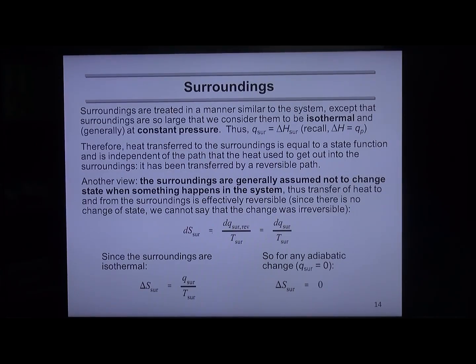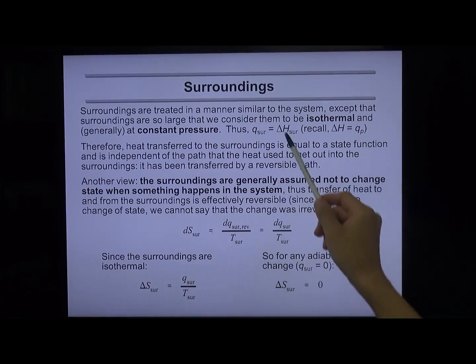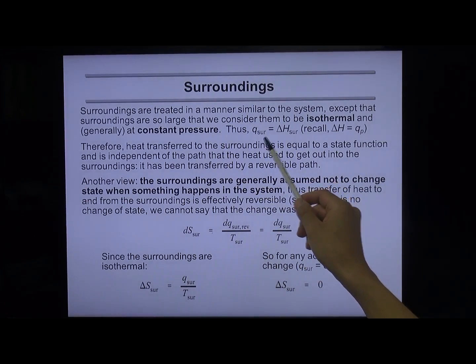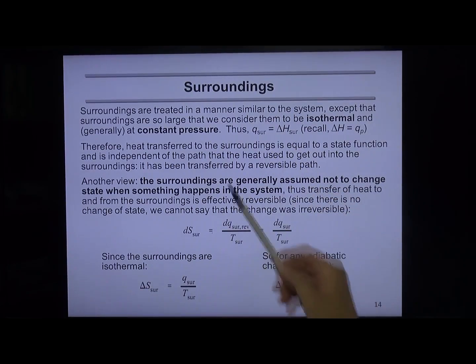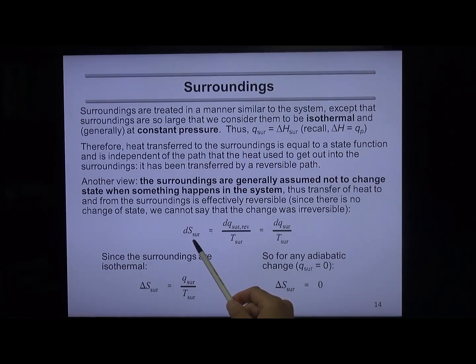In that case, if the temperature and pressure are the same for the surroundings, the heat of the surroundings should be the same as delta H at constant pressure, as you have learned from chapter 2. And enthalpy is a state function, right? So by definition, dS surrounding is equal to dq surrounding reversible divided by T surrounding.